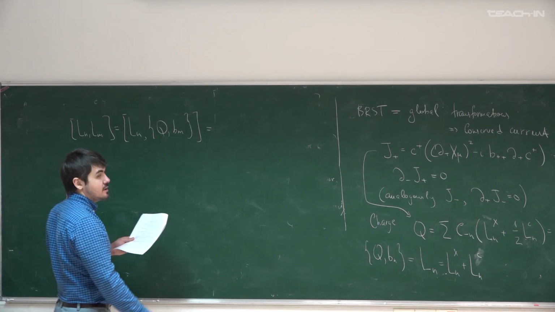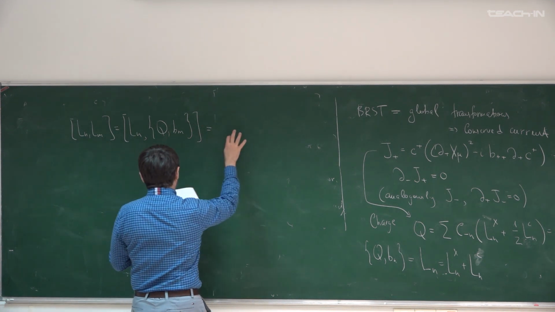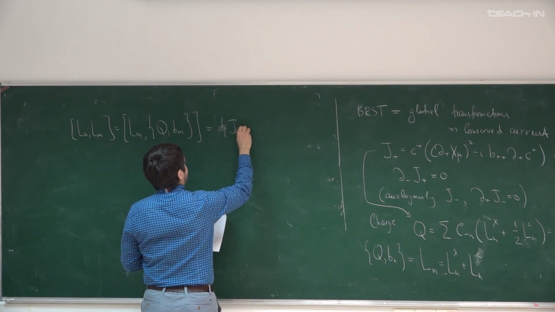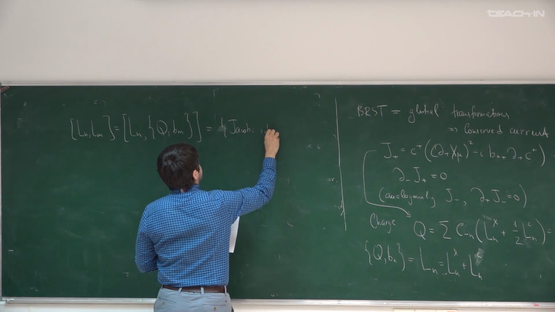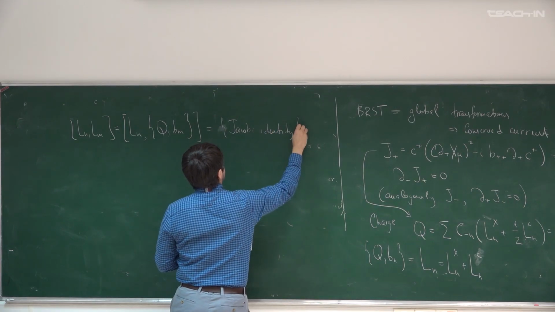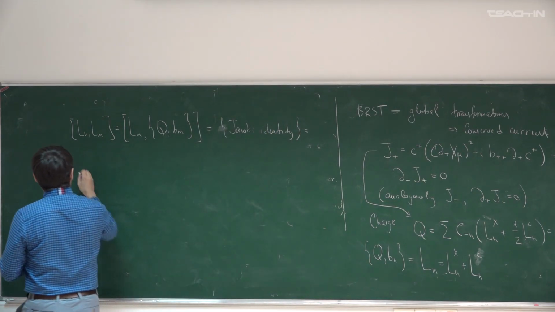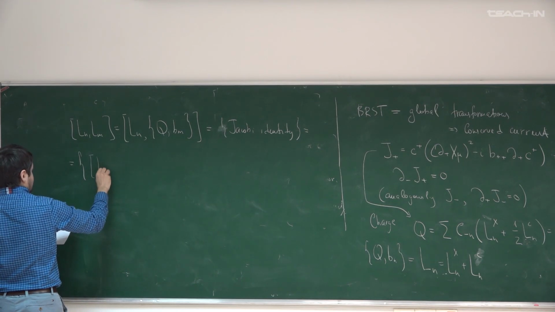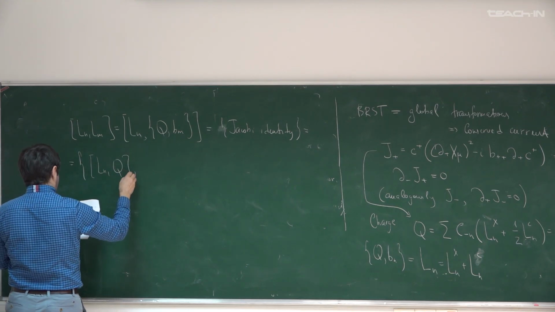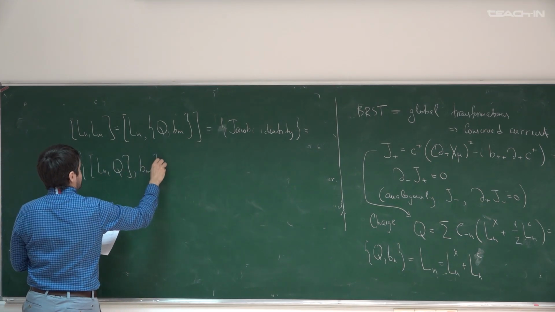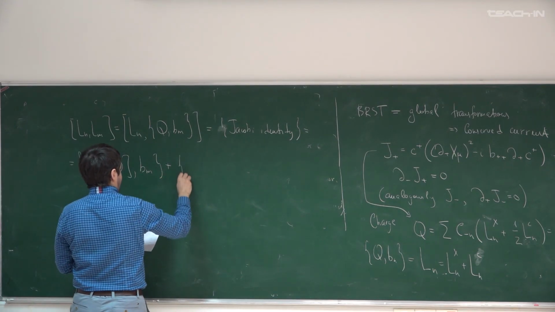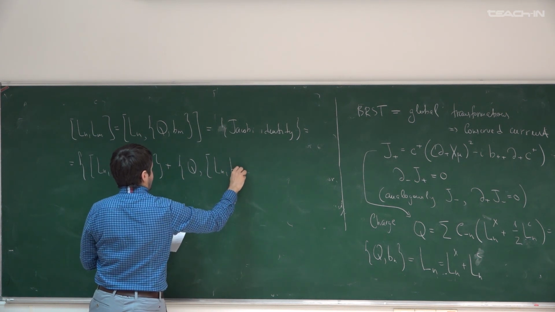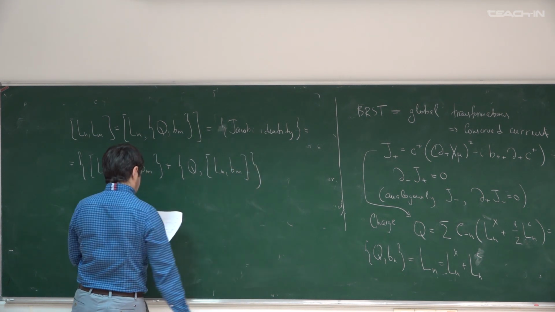Now we can use the Jacobi identity to change the order of commutators. So we find that this is the commutator of Ln with Q, and the commutator of Ln with Bm.